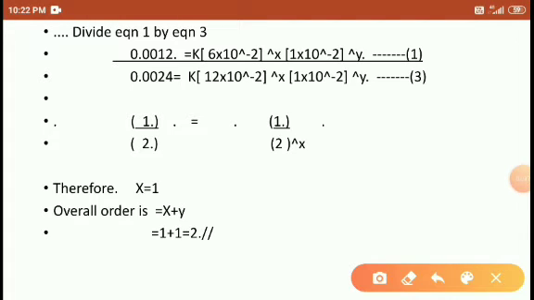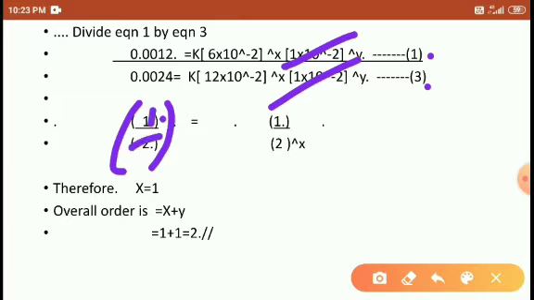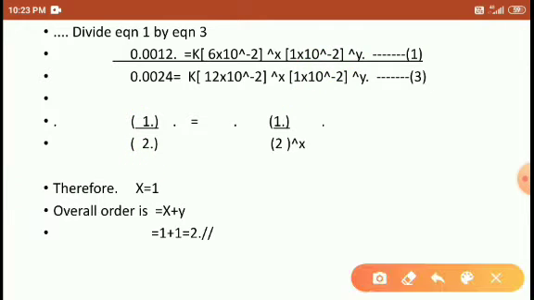Then we divide equation 1 by equation 3. Here we keep the y value constant, so the y value gets cancelled. Again we get 1 by 2, which is 1 by 2 to the power x.